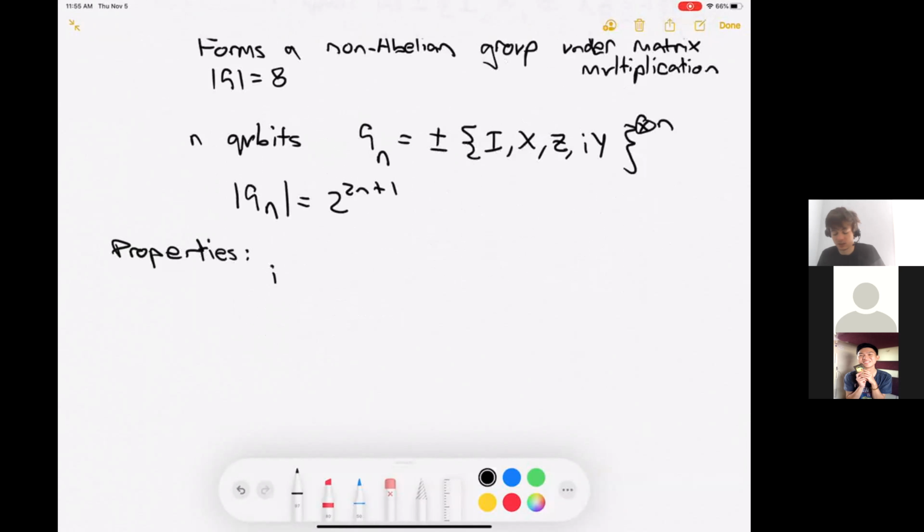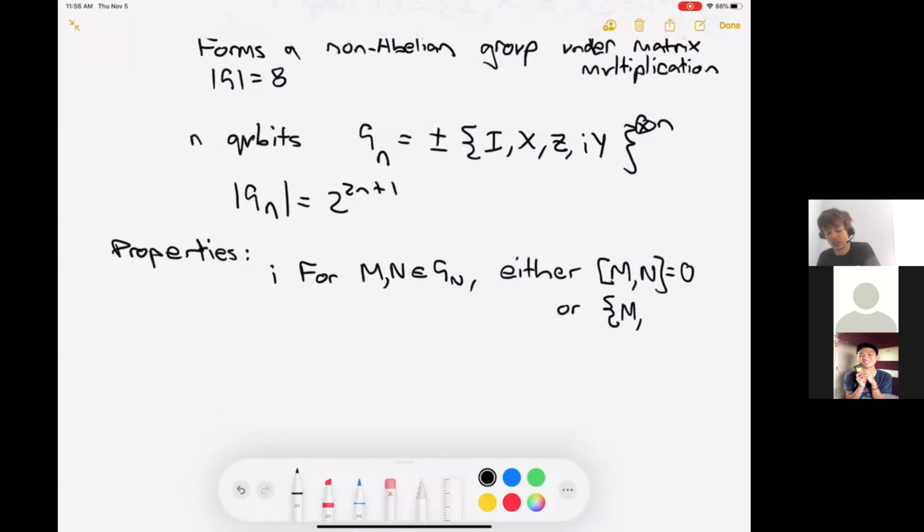The first is that for M and N in the group, we always have either M and N commute or M and N anti-commute. Right, either MN equals NM or MN equals minus NM.